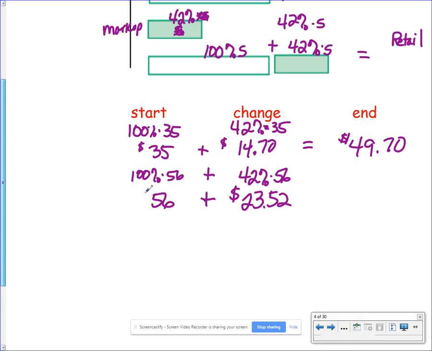It's $23.52. That's the markup at 42% of this skateboard. That was $56. Add those two together and we get $79.52. That's the price tag we're going to throw on that skateboard as we go to sell it in our store.